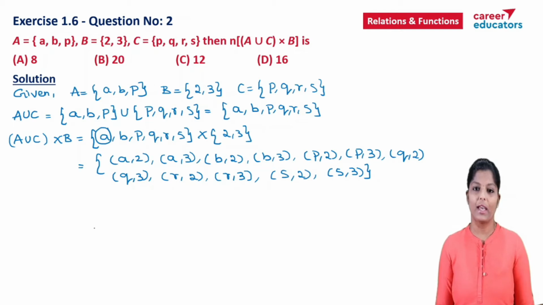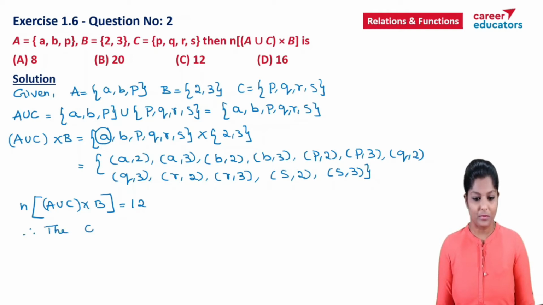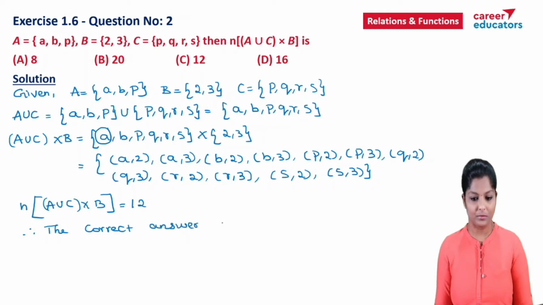Next, we have to find n of (A union C) cross B. To find it, we have to count all the ordered pairs in (A union C) cross B. If we count, we will get 12. Therefore, the correct answer option is C. That's all, we have completed this problem.